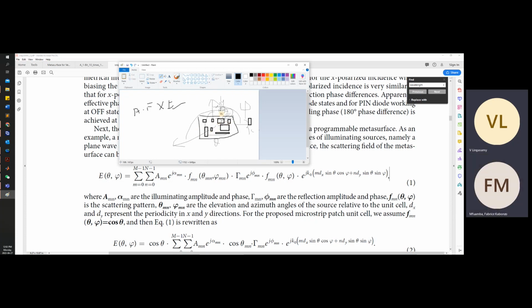So with respect to theta, that's why they mention it as sin theta cos phi. Next is n dy sin theta sin phi. Just because x and y are at a 90-degree line, cos phi will become sin phi. That's all.